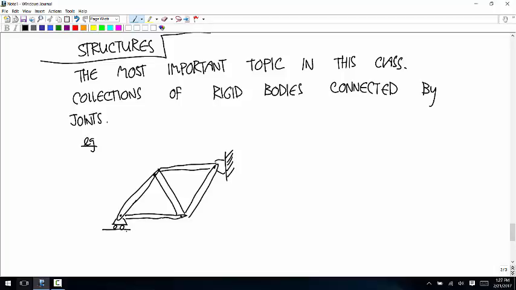Let's say there's a roller down here, and then let's say there's a downward force here of F1, and there could be a distributed load here with a maximum distributed load of Q. And we want to know what are the external loads on each of these members.